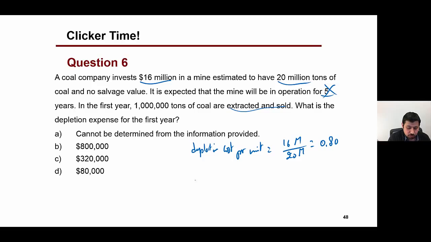In the first year, the company extracted and sold 1 million units multiplied by 0.8, and that would be 800,000 for the first year. So the answer here would be B.